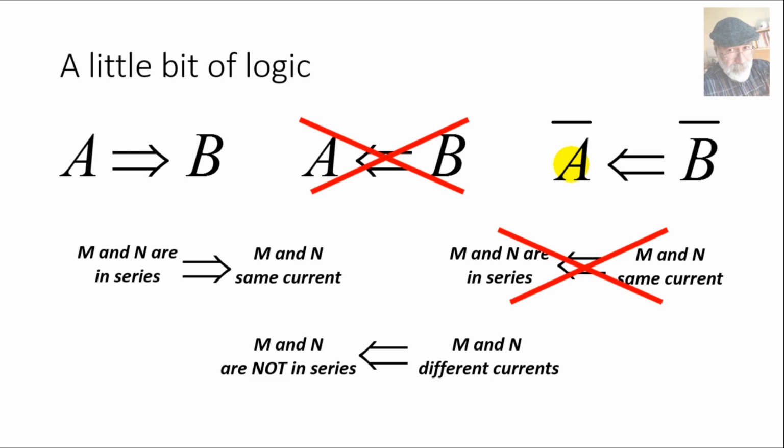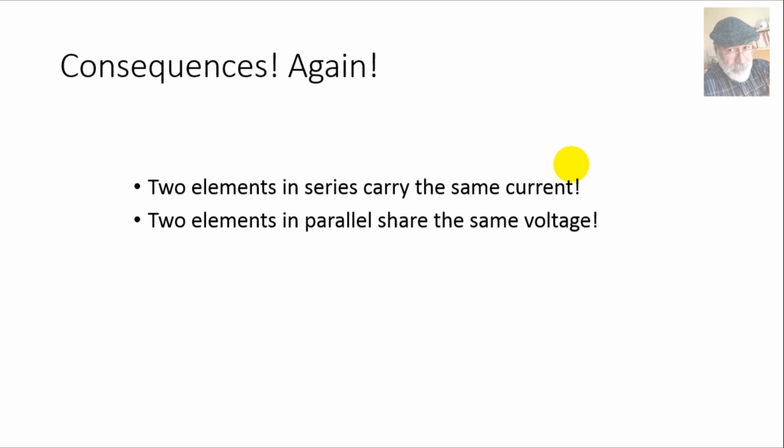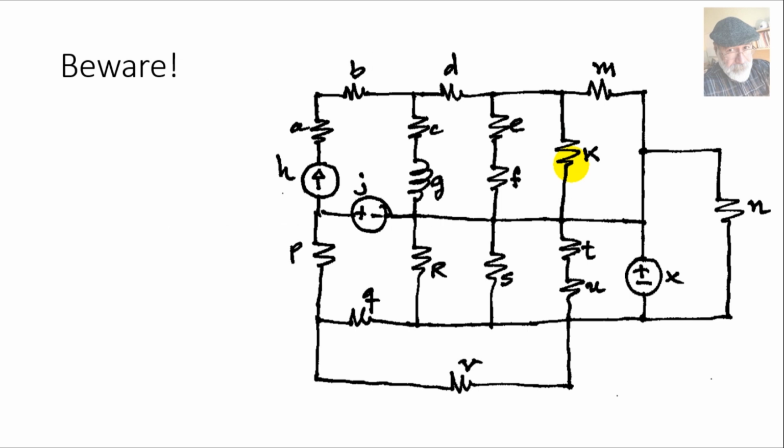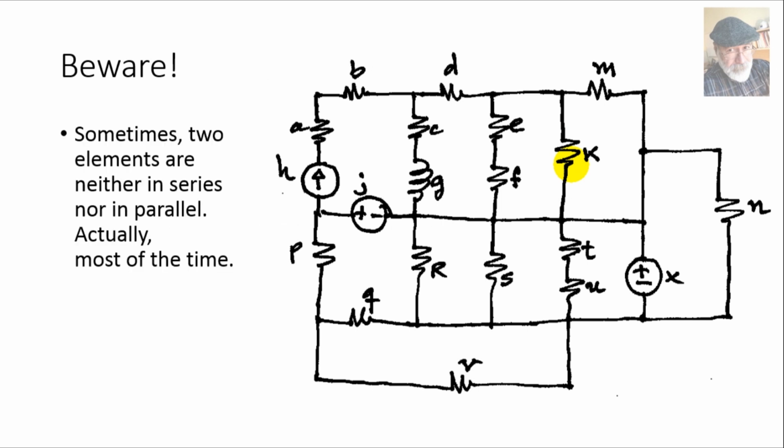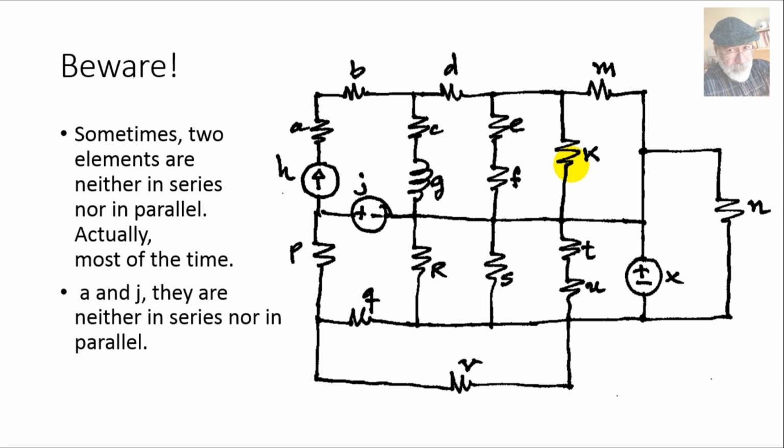I think I made this clear. Consequences. Two elements in series carry the same current. Two elements in parallel share the same voltage. Those are consequences. Beware. Very often, elements are neither in series nor in parallel. Very often, most of the time.